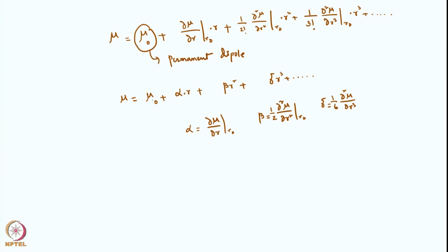So, this is your permanent dipole, this is the first derivative of mu, this is the second derivative coefficient and the third derivative coefficient. So, this is how one can write it in terms of a Taylor series expansion.